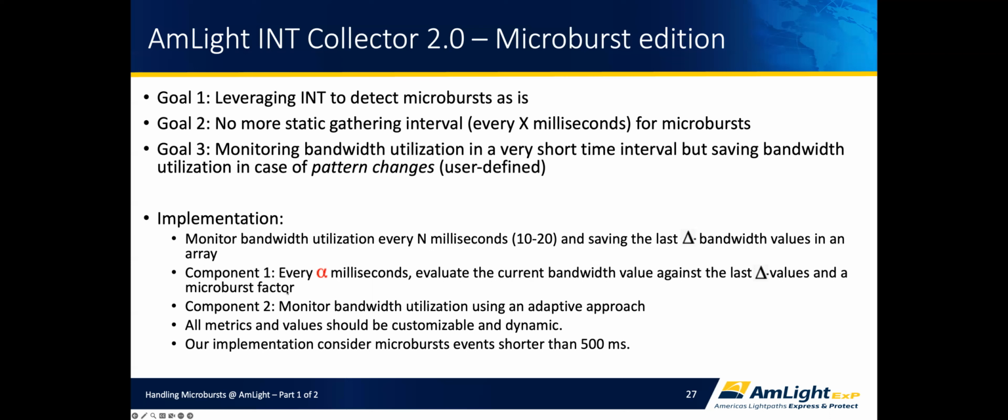I'm going to talk a little bit more about this. We monitor bandwidth utilization using this adaptive approach. All metrics and values should be customizable and dynamic. In our implementation, we consider microbursts events that are shorter than 500 milliseconds. Anything larger than 500 milliseconds is going to be captured by goal number 2.